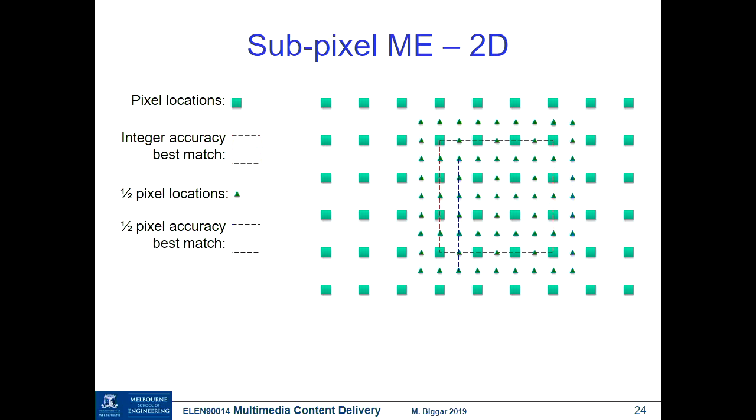It might try these half pixel locations and decide that this red block location was actually the best, and then it will tell the decoder that the motion vector is 3.5 pixels vertically and 2.5 pixels horizontally or something, and the decoder will know that it needs to interpolate into the half pixel locations and use those for its prediction. And it can be taken beyond that. Quarter pixel motion estimation, or even smaller, is actually used.